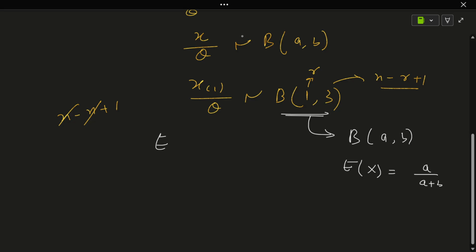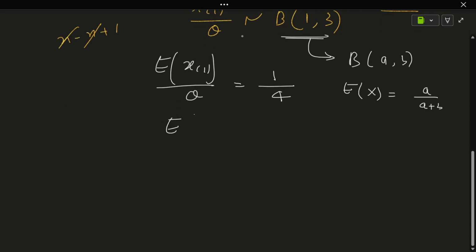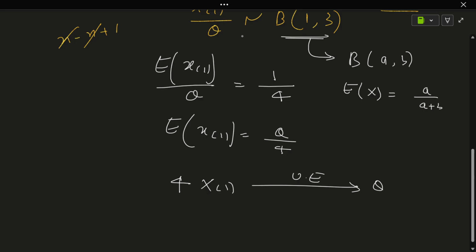Now we calculate the expected value of x1 divided by theta: a is 1, divided by 3 plus 1, which is 4. So the expected value of x1 is theta upon 4. It means that 4x1 is an unbiased estimator of theta.